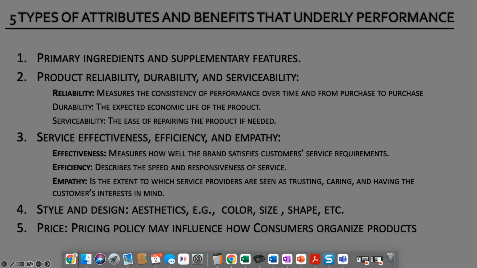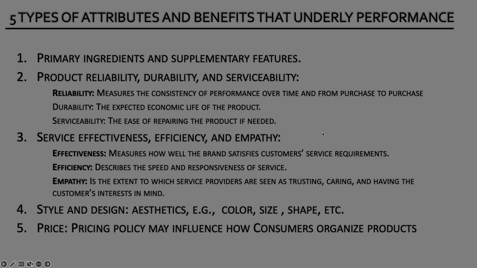So what are those five types of attributes and benefits that cause people to think of us and have intangible value when they think of our firm? Ingredients, reliability, effectiveness, and efficiency. When you think about service effectiveness and efficiency, that goes for the entire footprint: when you call the call center, online, when you make a tweet suggestion.